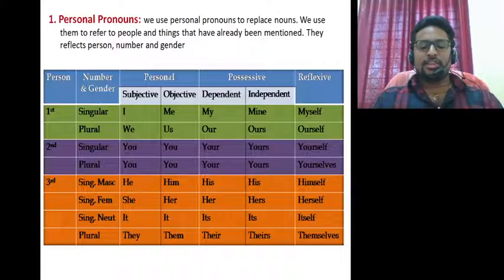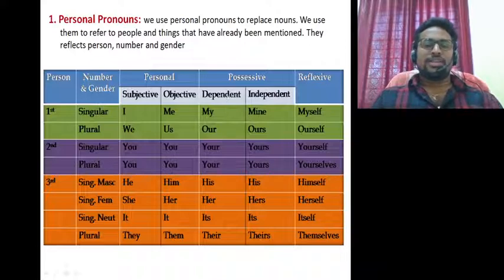Predicative is the part of a sentence that expresses what is said about the subject. That is called an independent pronoun, or may be called a predicative pronoun.